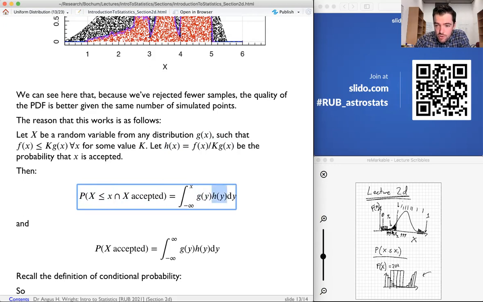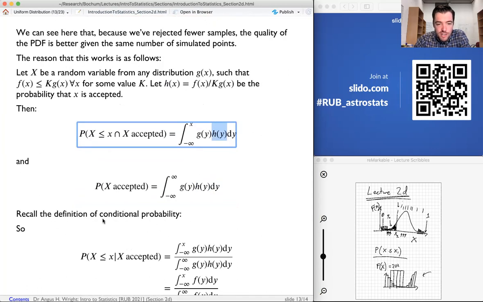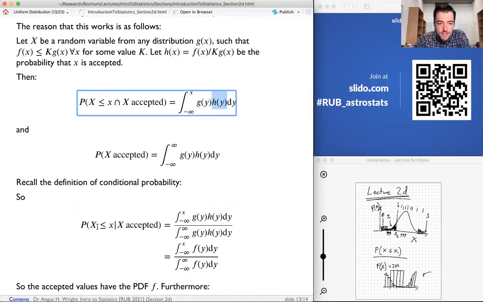Okay, this is what I was trying to draw very, very poorly over here, this integral, right? The probability that anything gets accepted is obviously just the integral over this whole thing from -infinity to infinity, right? And that gives you, from the definition of conditional probability, this formula here. We've already spoken about conditional probability before in previous weeks.